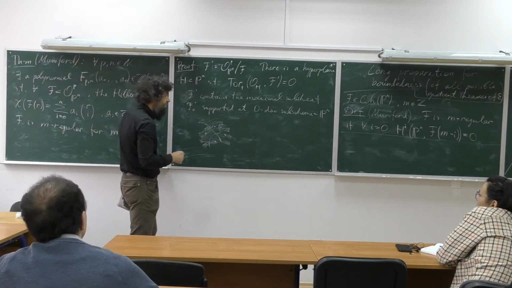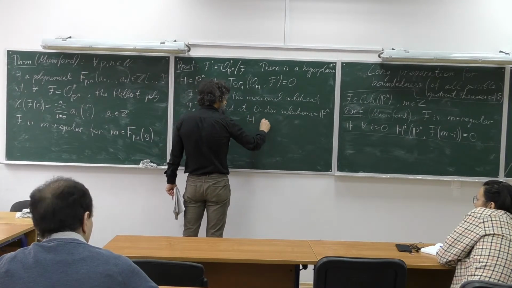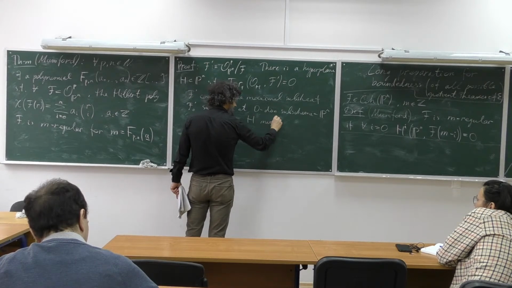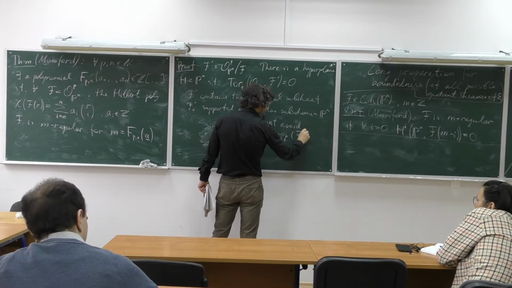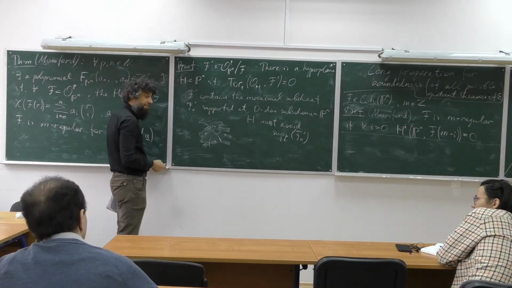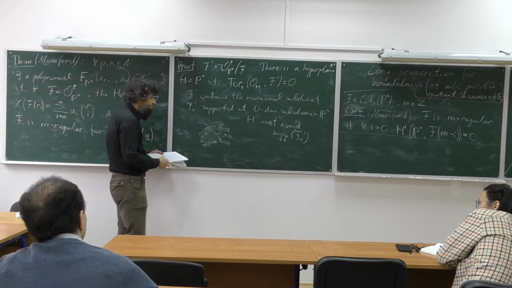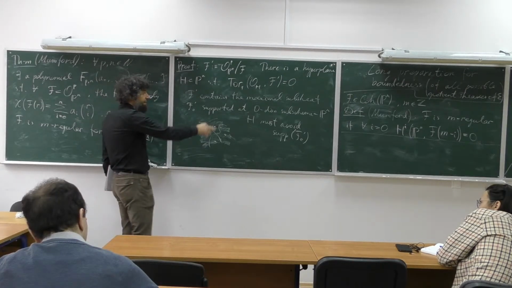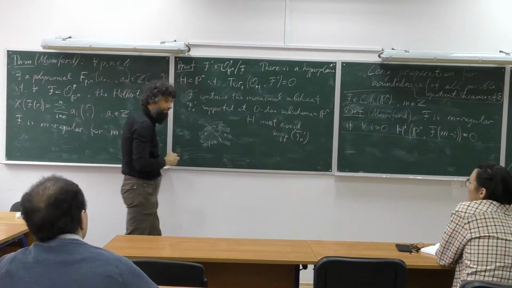Okay, and then I claim that this hyperplane must avoid the support of F0. It's just a finite subset, so we can find a hyperplane that avoids this subset, and then necessarily the first Tor with this will be 0.